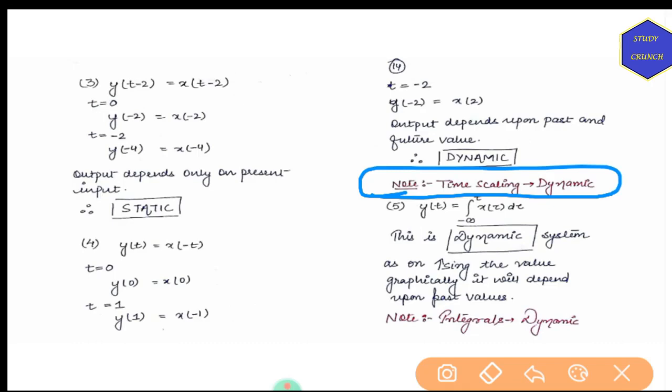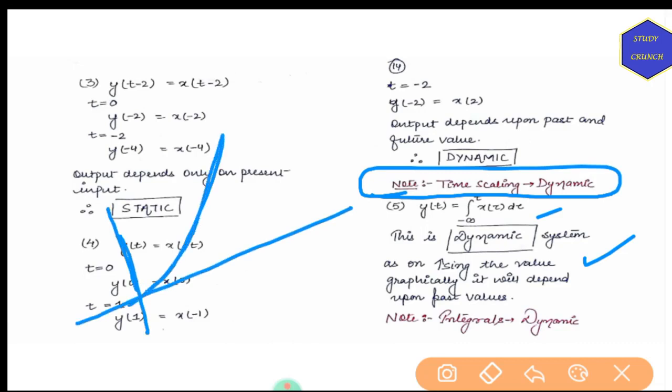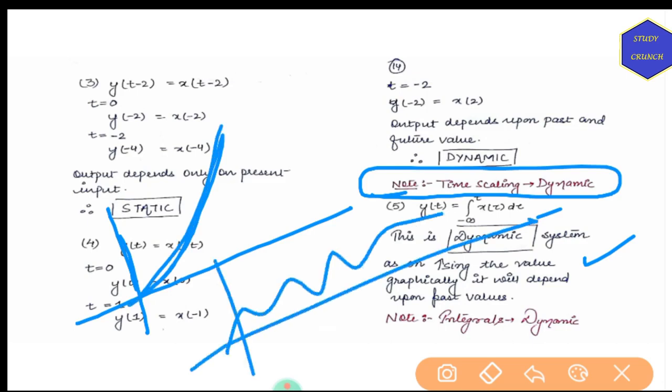Next, y(t), we have integration from minus infinity to t. So this is a dynamic system, as on increasing the value graphically, it will depend on past values. So if we have a signal like this, if it is increasing exponentially or increasing graphically even, it will always depend on past values as well.